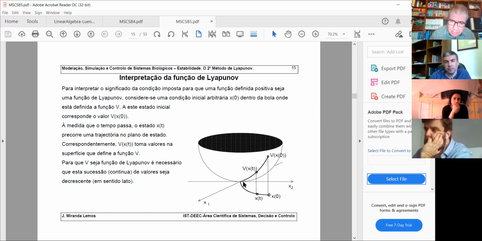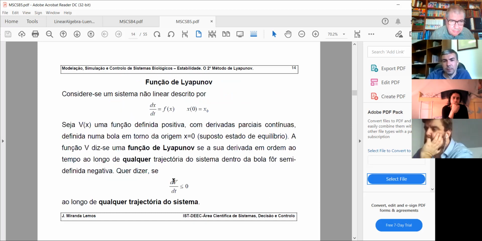Now, how can I prove that for some V this is decreasing? You compute this derivative dV/dt along those trajectories. We are going to do that next Wednesday. But the criterion is here.